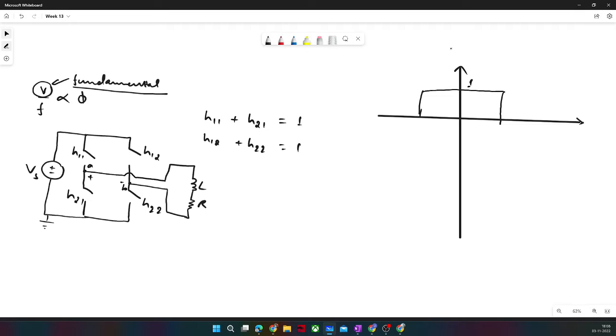So let us say this is H11, and H21 would be just, let me write it, H21 is equal to H11 shifted by 180 degree. This is nothing but our omega t axis.